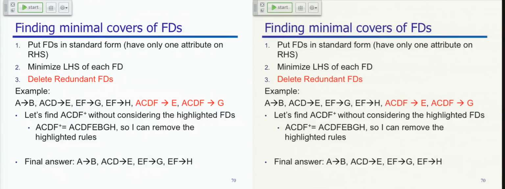If I want to see whether this is redundant or not, what I'm going to do is find the closure of this without considering that rule. Right? So I'm going to see what is the closure of ACDF, and I'm going to ignore that rule to see whether I can get it based on the other rules that I have.